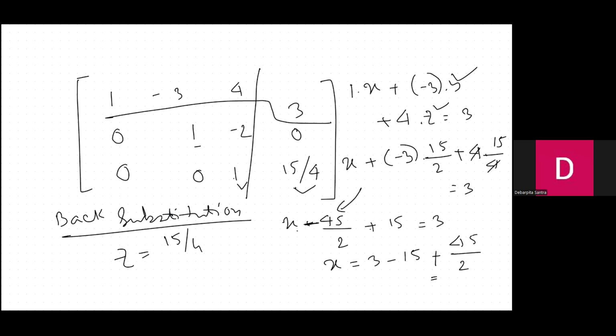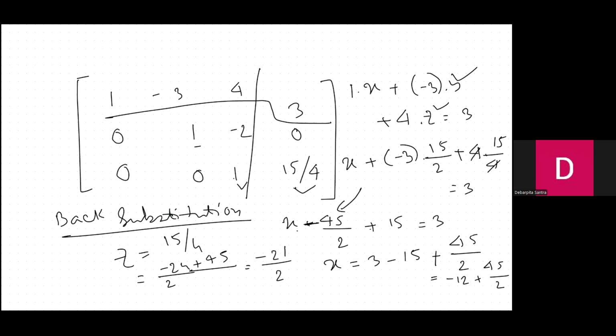What will be the value? This is minus 12 plus 45 by 2. I'm writing here because of shortage of space. So it is minus 24 plus 45 by 2, which is minus 21 by 2.